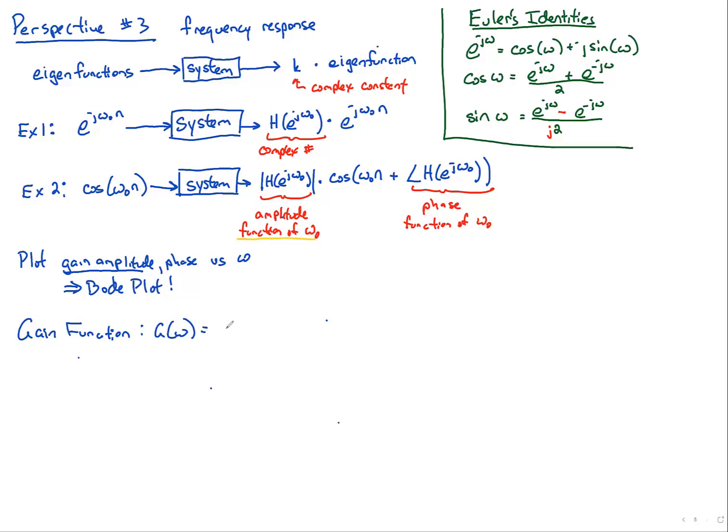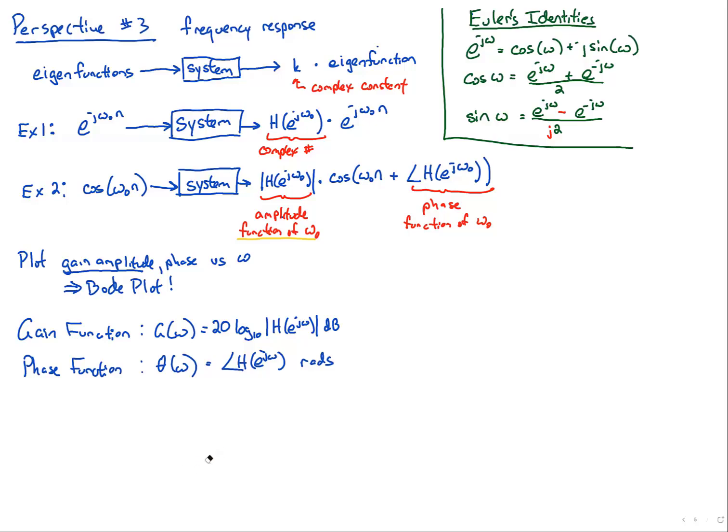It's going to be our magnitude as we sweep that frequency around, but we're going to multiply it by 20 log base 10 so we can measure the results in decibels. And we also have a phase function, which we'll call theta of omega, and that's simply the angle of h of e to the j omega as we vary frequency, measured in radians.